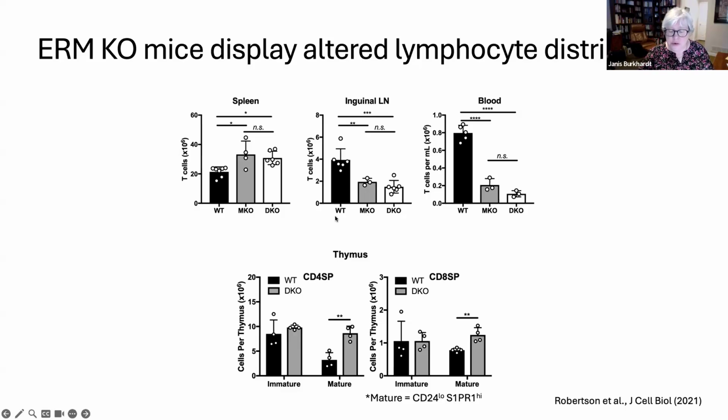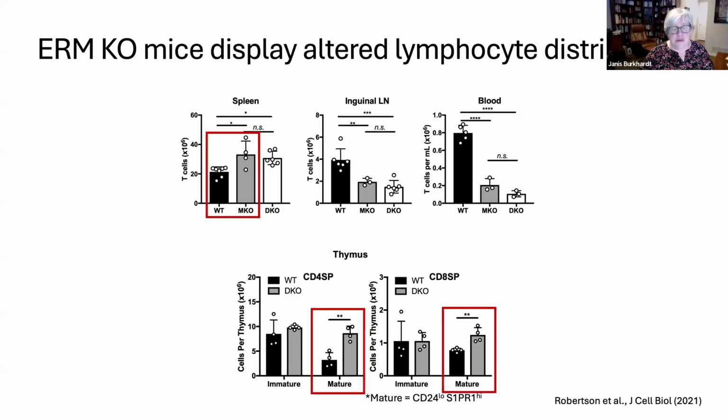So what Tanner noticed, and don't be alarmed by all of this data, there's only two things I want to show you, is that in these knockouts, the T cells accumulate in spleen and thymus. So they are failing to egress appropriately from these lymphoid organs. And in immunology, that is really a hallmark of one chemotactic response, and that's the response to sphingosine 1 phosphate.